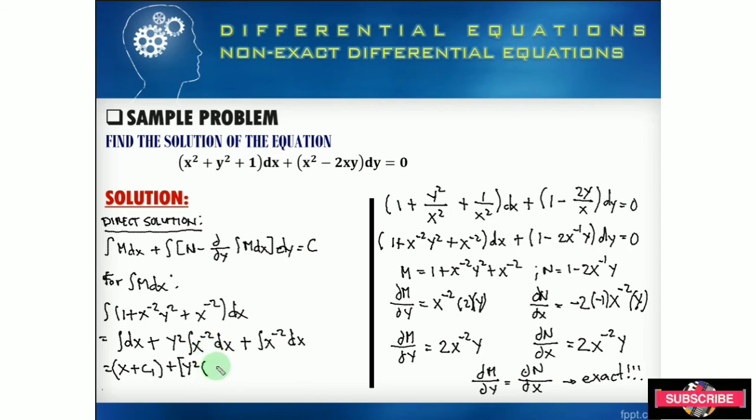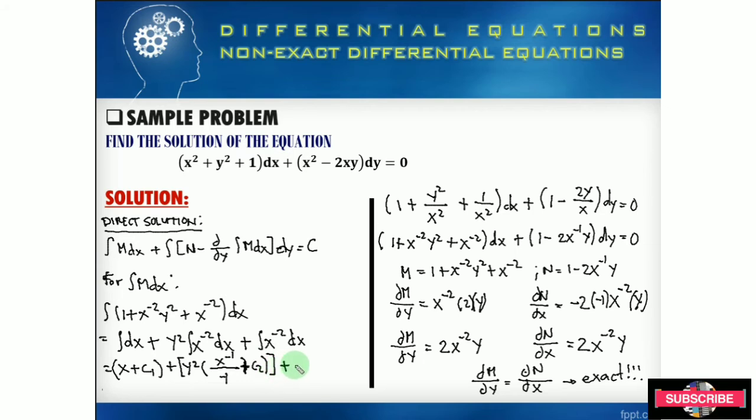That is why this is equal to x to the negative 1 all over negative 1 plus C2, and we enclose this with a bracket.